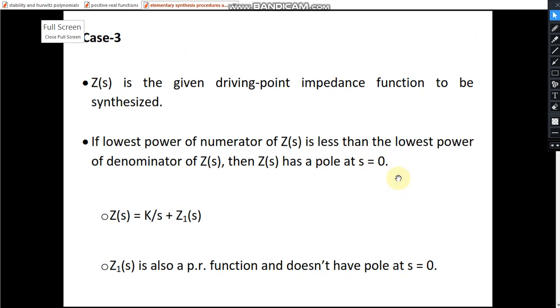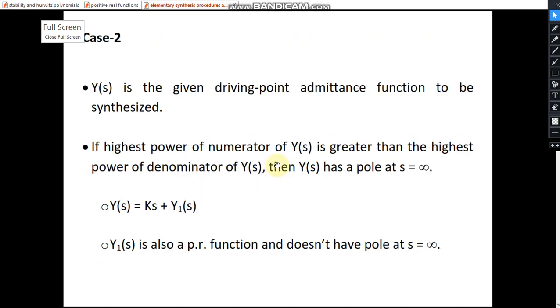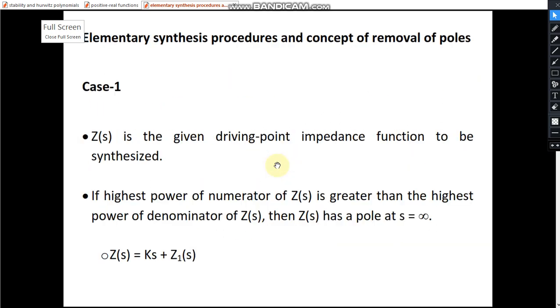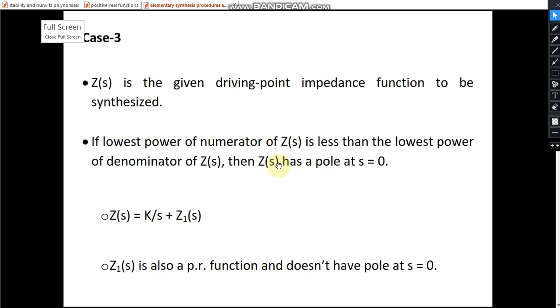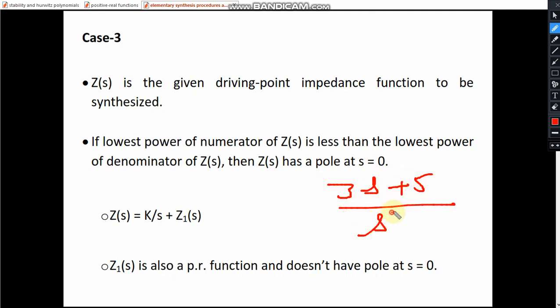Now suppose the lowest power of the numerator is less than the lowest power of the denominator. For example, case 3: the numerator is 3s plus 5, and the denominator is, suppose, s square plus 2s.